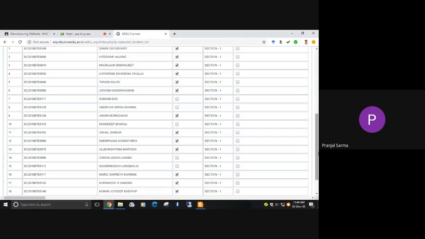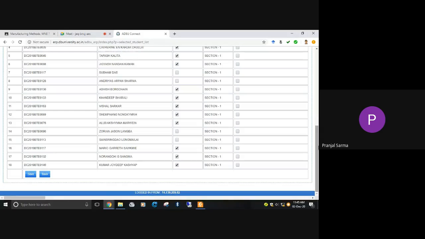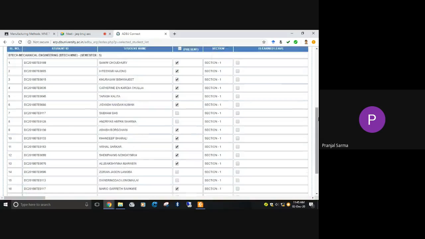Khandip, you are there. What happened to Khandip? I think he got out. Okay, I'm giving it to Khandip, he was there. Jorian's name I can see, but you are not active, so I am not giving the attendance today to Jorian. Sensing Dao is also not here. 1, 2, 3, 4. Okay.